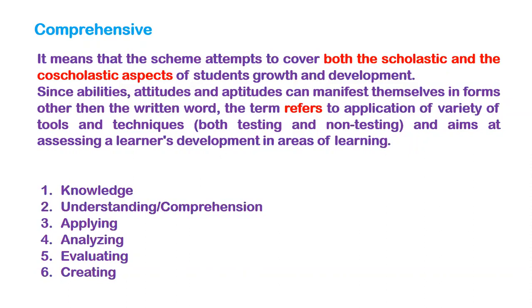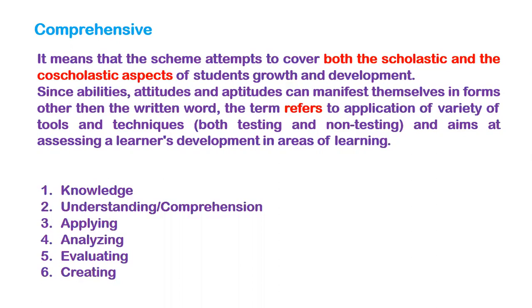So comprehensive means you should involve all the things like abilities, attitudes, aptitudes, which can be in the form of written words, or it's like an overall development. So here the responsibility is that you should understand the child's ability via testing as well as non-testing.